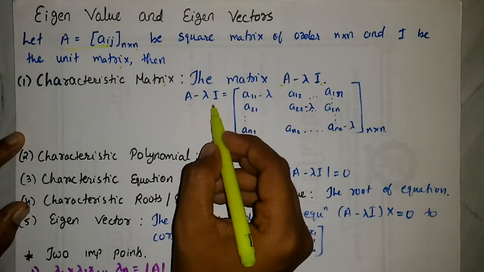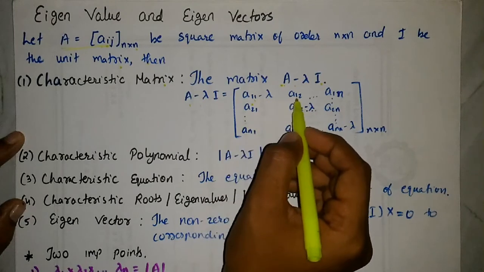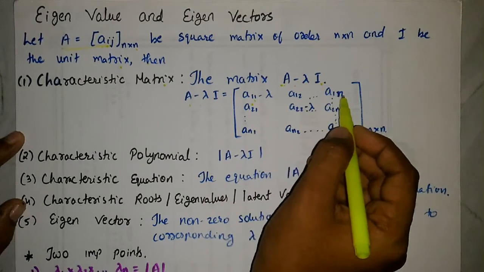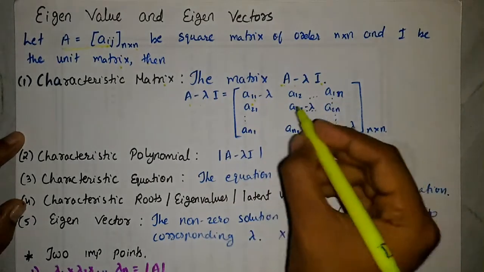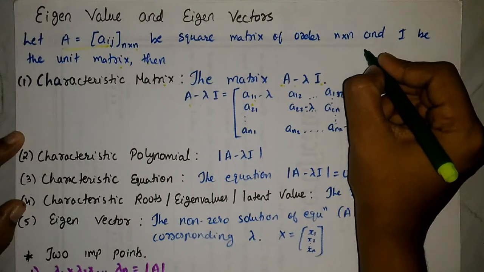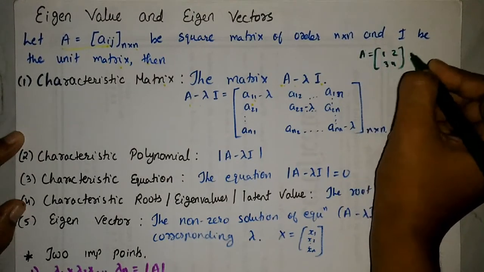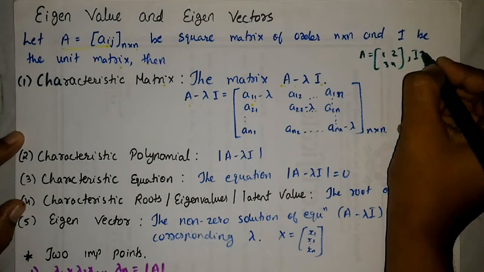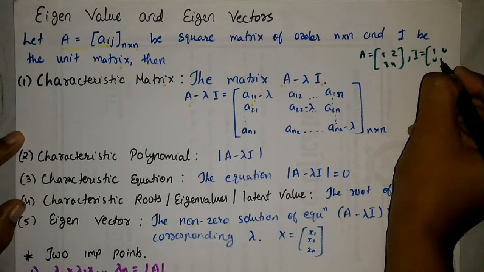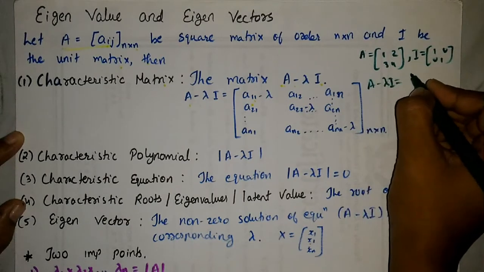This A minus lambda I can be denoted as a11 minus lambda, a12 and so on up to a1n. Let me show you by example. If we have a 2 by 2 matrix, let A be equal to 1, 2, 3, 4, and we know I is the identity matrix. So how will we write the A minus lambda I matrix?